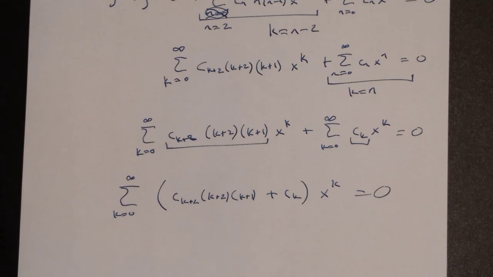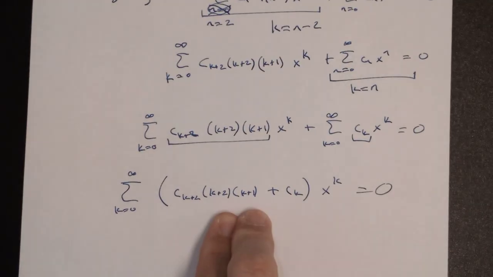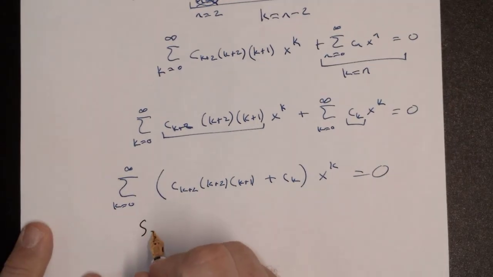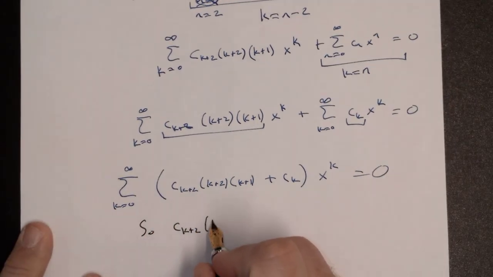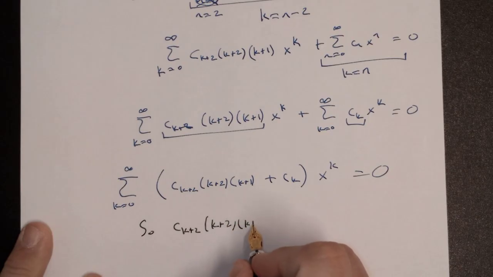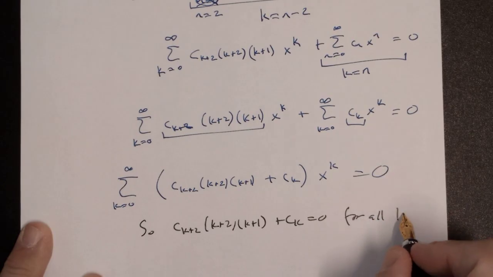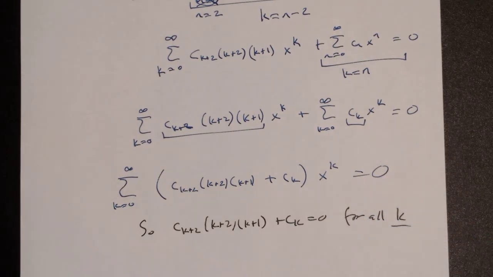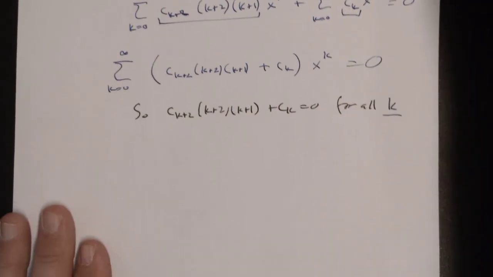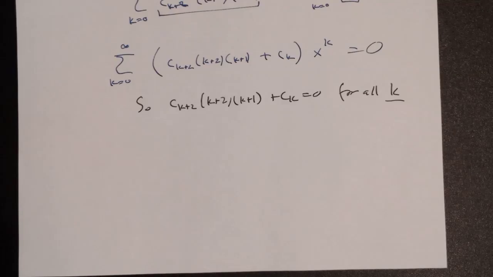And that means that this must be equal to 0 for all values of k. I have found a recurrence relationship between the values of C.